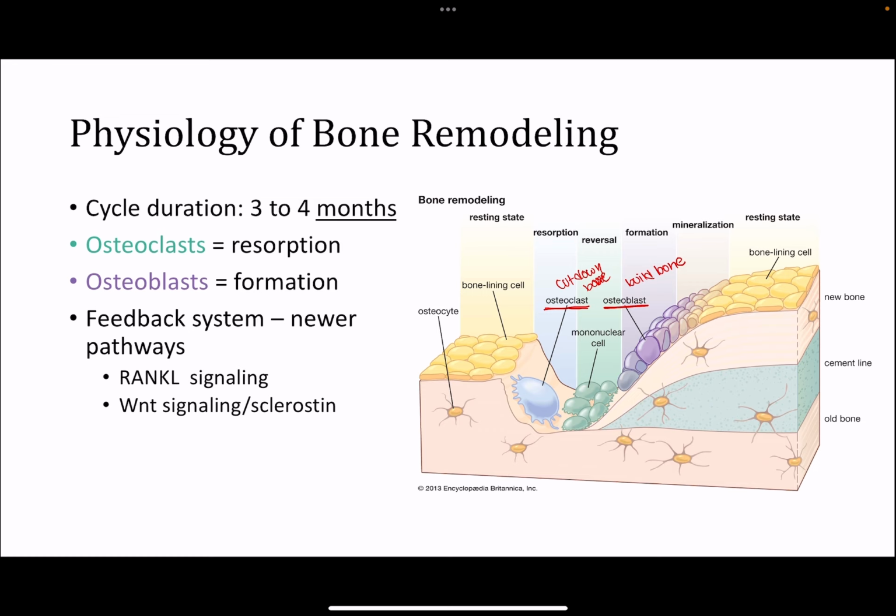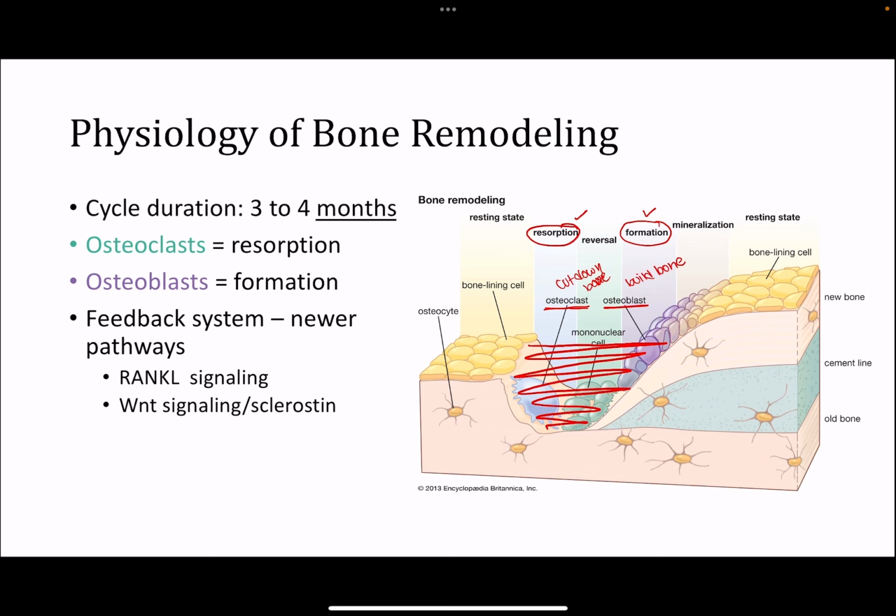When you're young, there is going to be more formation compared to resorption because you're growing. So when you get older, these two processes are going to even out. Unfortunately, it does come to a point where there's more resorption than there is formation. But ultimately, what we want is osteoclasts cutting down bone that might be weak, or maybe there was a little fracture, and the osteoblasts should be filling this in.